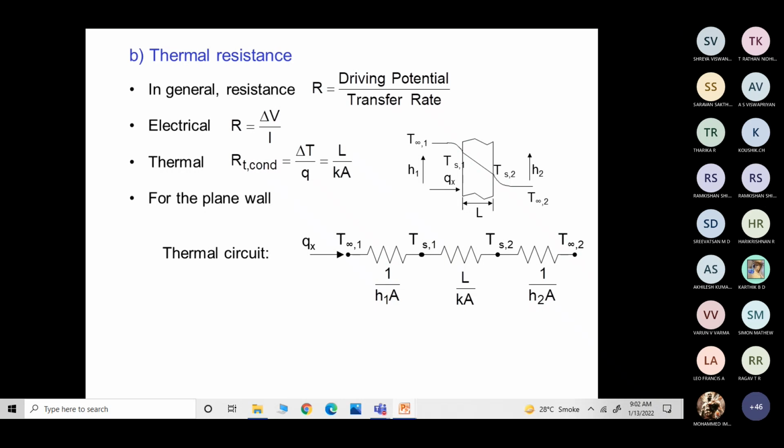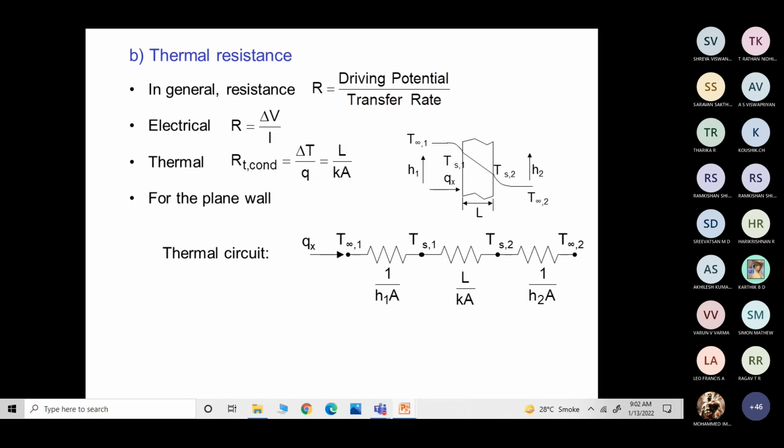In that case, we will have three resistances. One is offered by the hot fluid, which depends purely upon its convective heat transfer coefficient value. The other is the thermal conductivity of the material. As I mentioned earlier, if the material is copper or silver, then the heat conducted to the outside will be much higher.